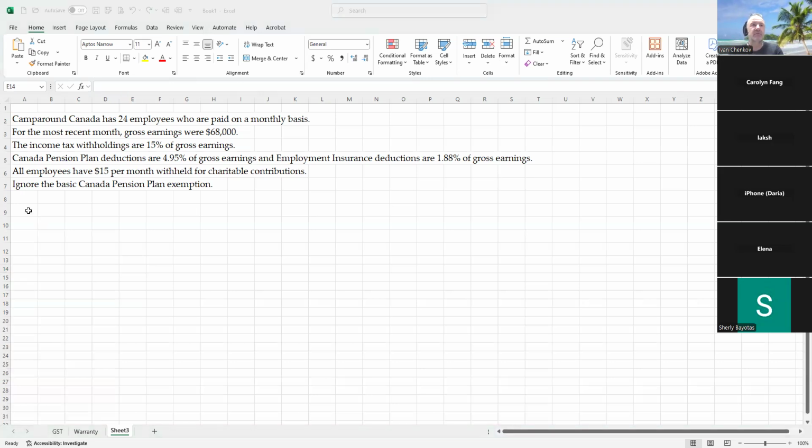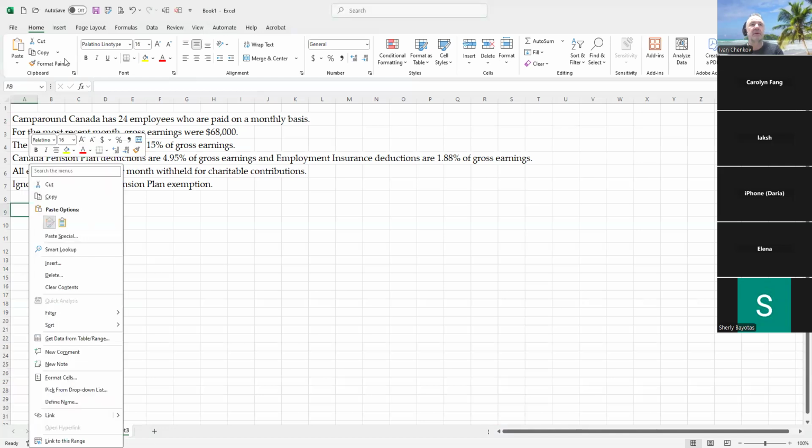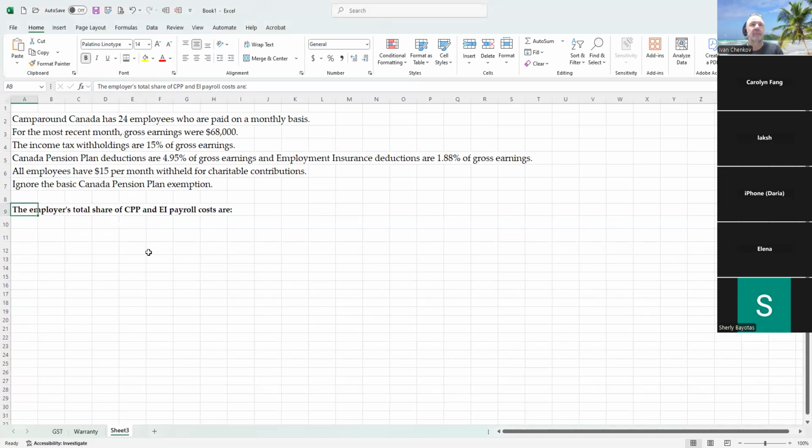Now, the employer. The first question is what will be the employer's total share of the Canada pension plan and employment insurance payroll cost. Not the employee, the employer. So how are we going to get the employer portion?